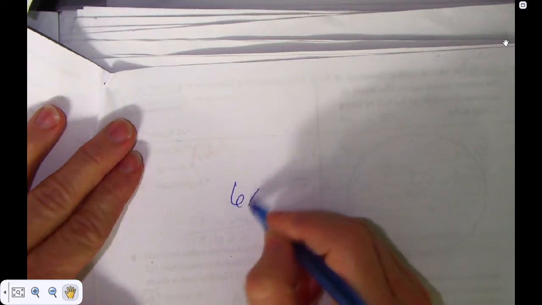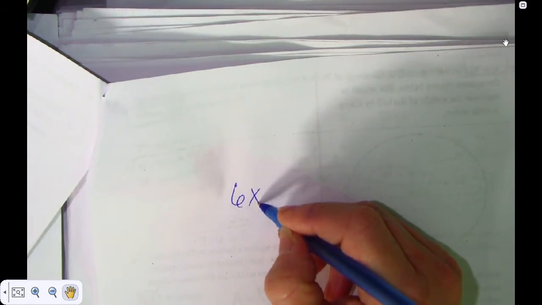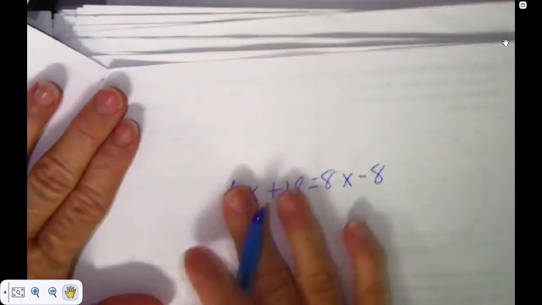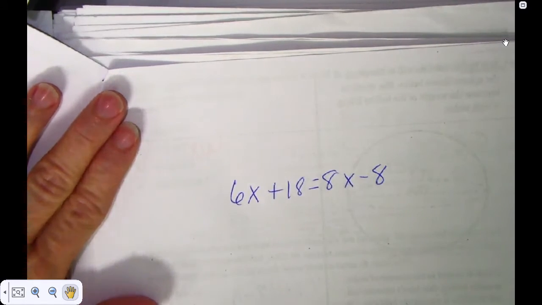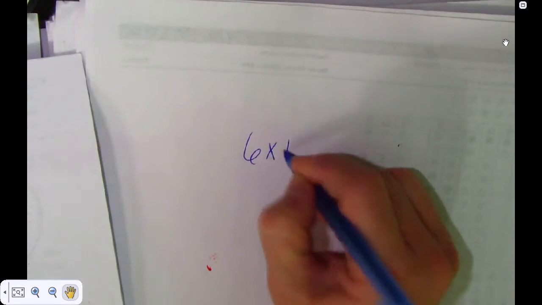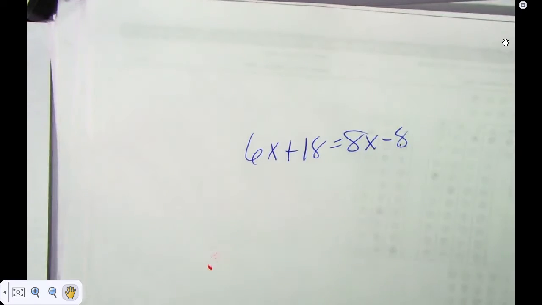And I'm going to leave it up for you. I forgot what it was. 6x plus 18 equals 8x minus 8. And you solve it right there if you got an x or XW. Do what we just did and check it.